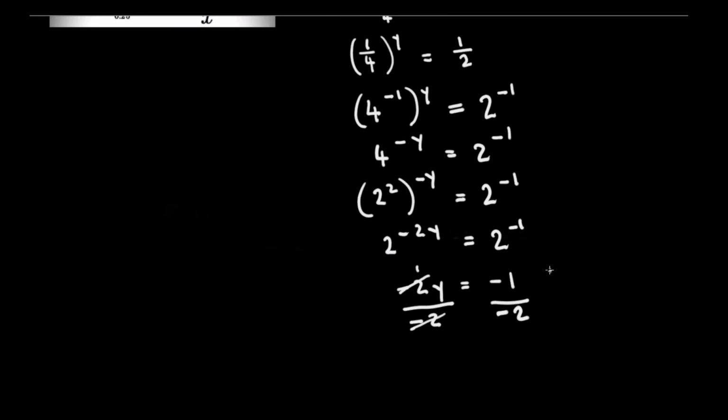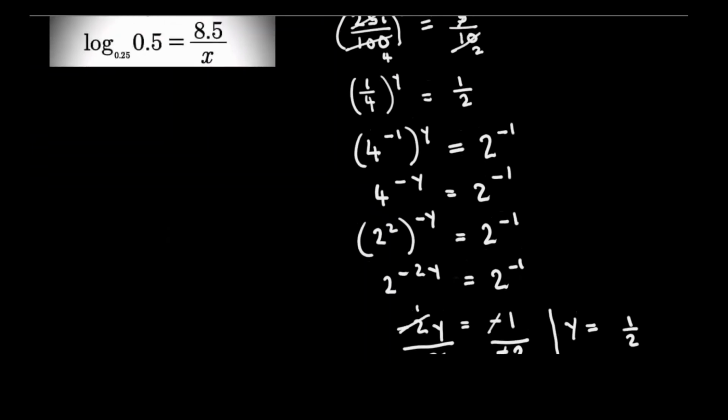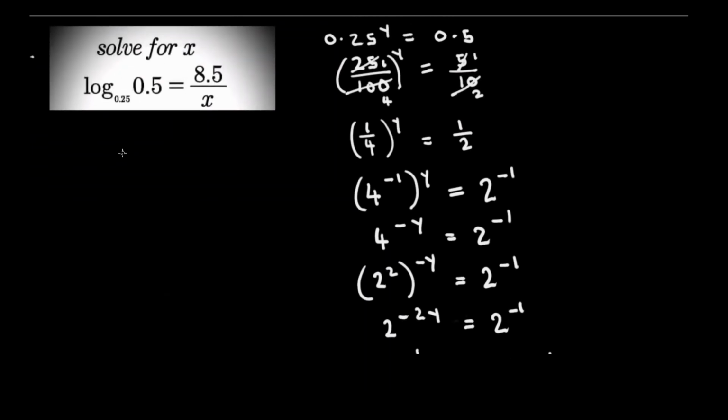So here eventually we have y is equal to 1 over 2, since the negative signs are going to cancel out. So what we have just done is we needed to express 0.5 in terms of 0.25 to the power something, hence y. So we have concluded that 0.5 is equal to 0.25 to the power half.